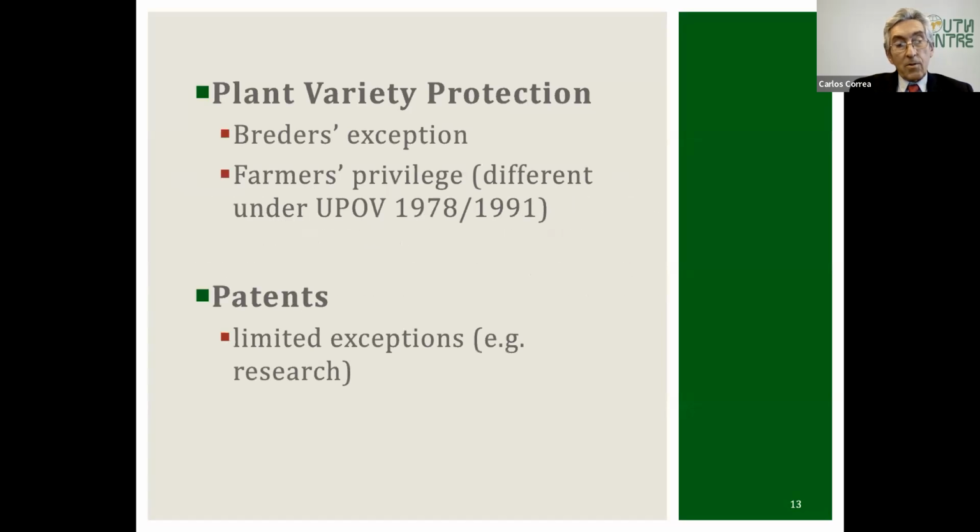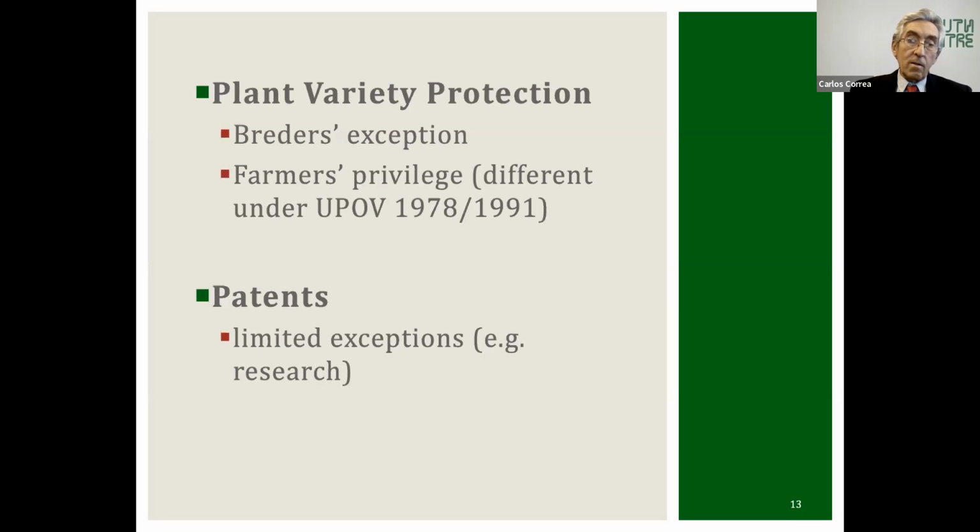So, as I mentioned, there are differences between plant variety protection, the sui generis regime that I referred to before, and patents. In the context of plant variety protection, one important element is the so-called breeder's exception. This means that even if a plant variety is protected and commercialized, any other breeder can use this variety in order to develop and commercialize a new variety.